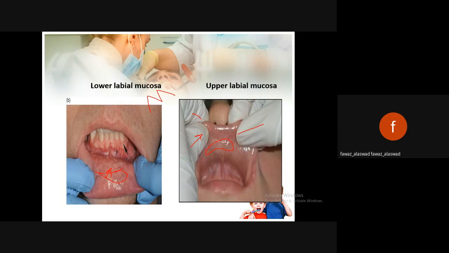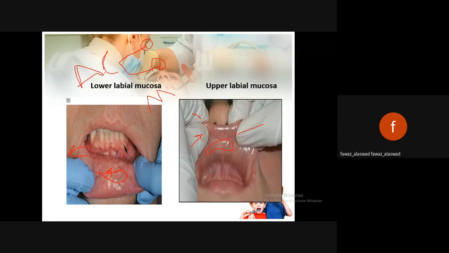Another lesion which may occur on the lip, which we talked about in the previous lecture, is angular cheilitis. How many types of angular cheilitis do we have? Actually, we have two types, type 1 and type 2.